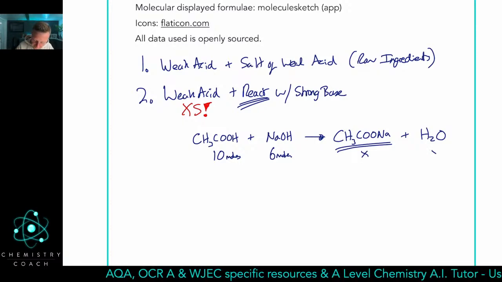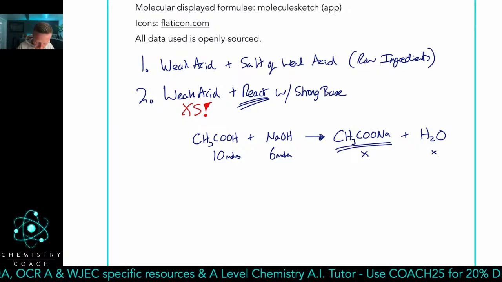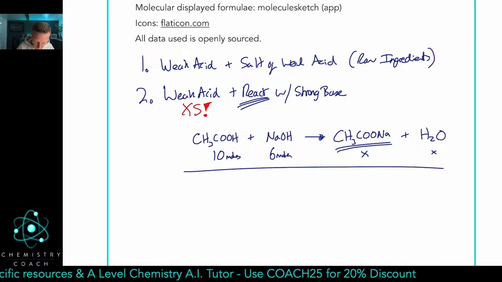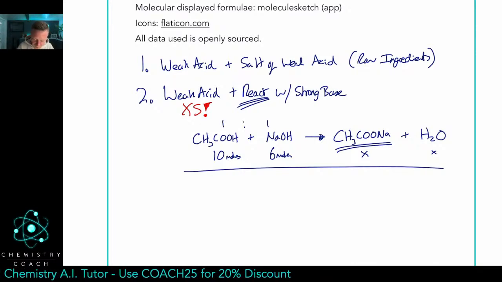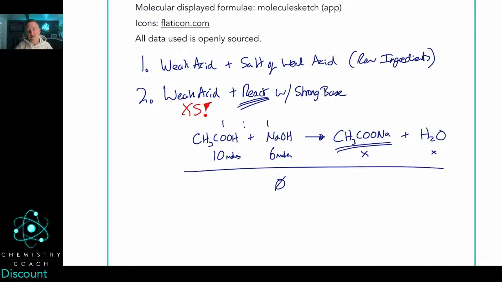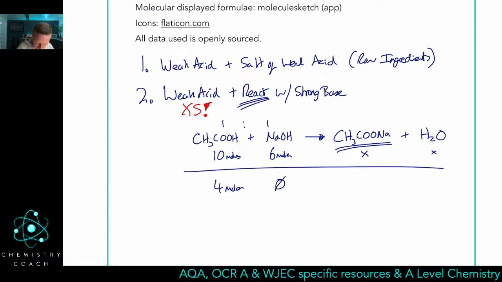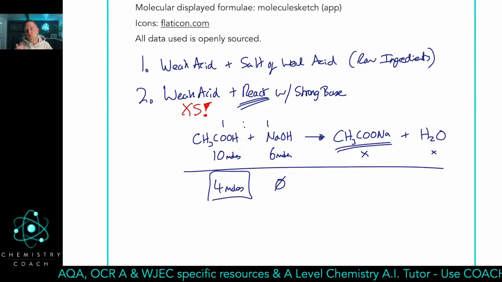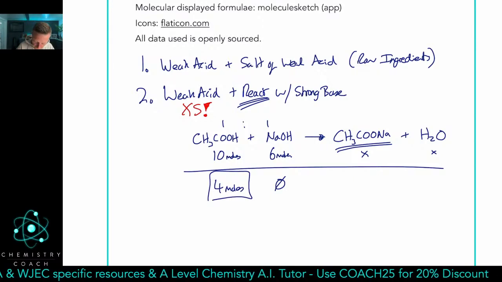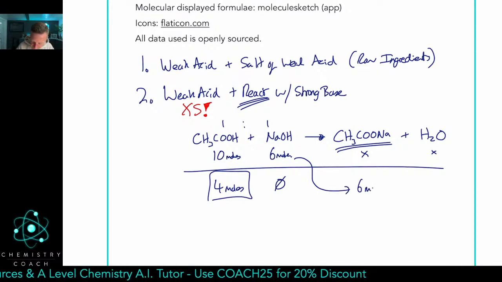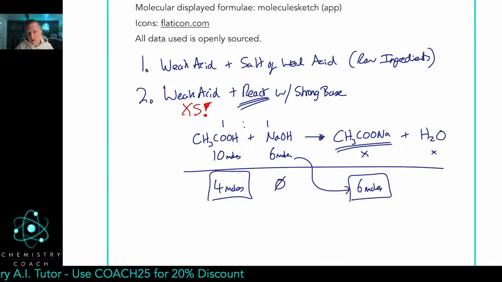We haven't got any of these to start with, but once the reaction has happened, because this is a 1-to-1 relationship, all of the NaOH is going to get used up in the reaction. And because it's 1-to-1, we're going to end up with 4 moles of the weak acid left over, but we're going to create 6 moles of our sodium ethanoate, our salt.